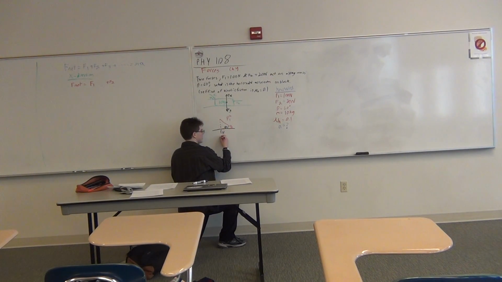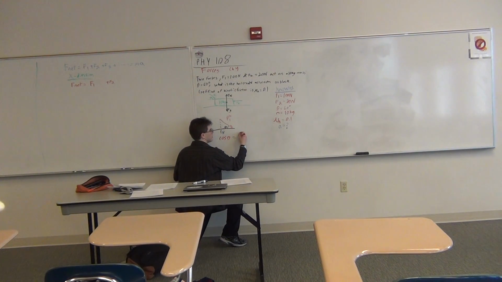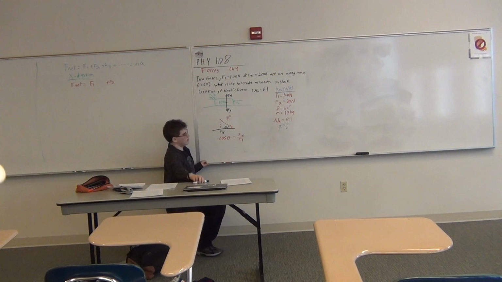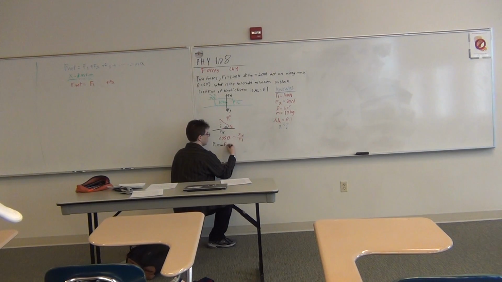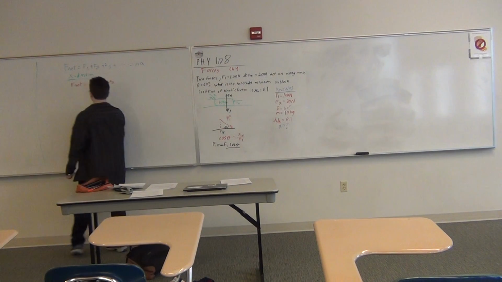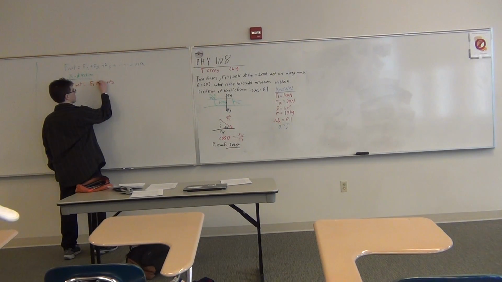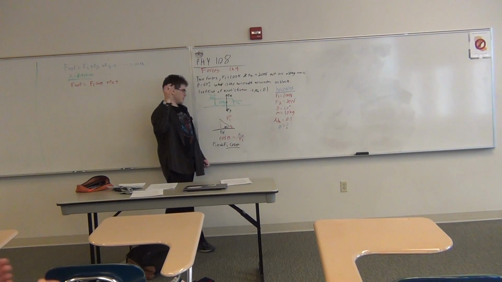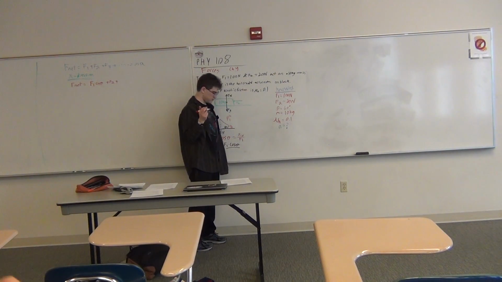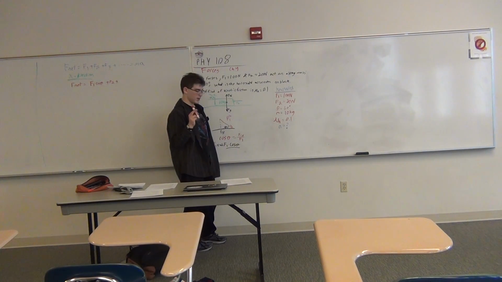So, the cosine of theta equals F1x over F1. So we get F1x equals F1 times cosine of theta. One more force in X, and that is the normal force. Not normal.